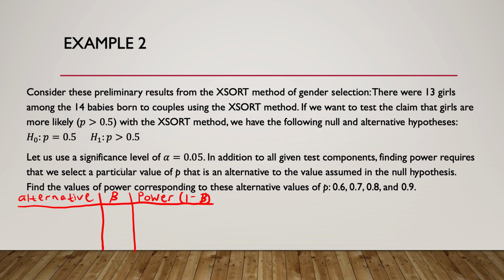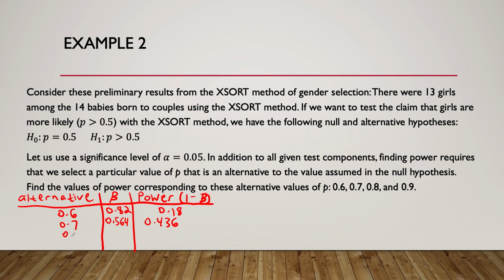But for an alternative value of 0.6, beta is 0.82. So the power is 0.18. For an alternative of 0.7, the beta is 0.564, and the power is 0.436.